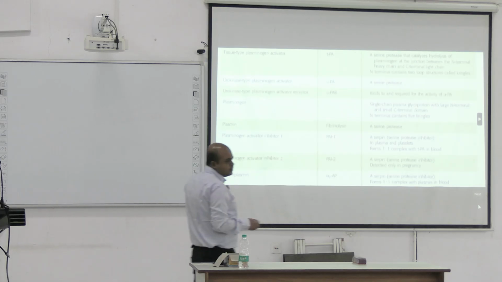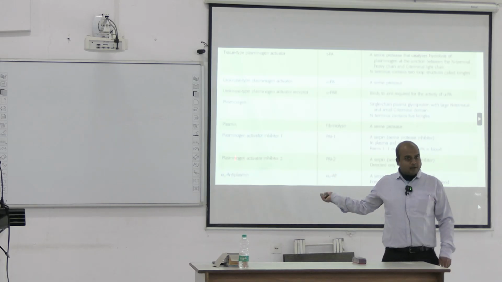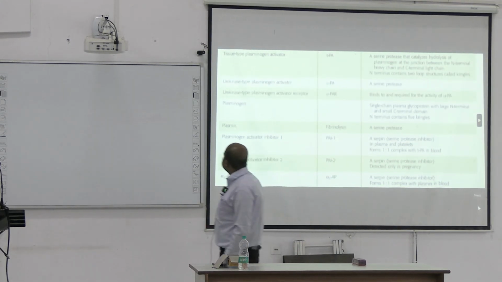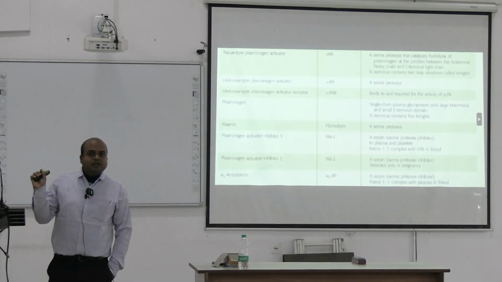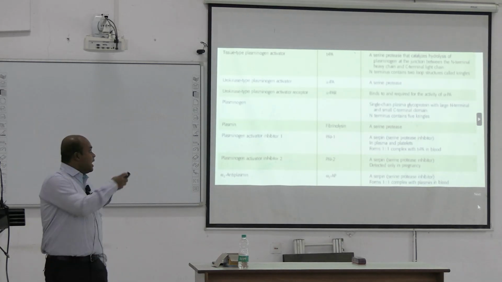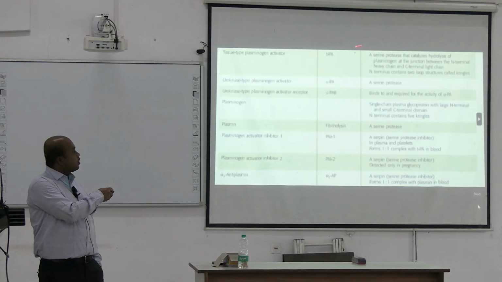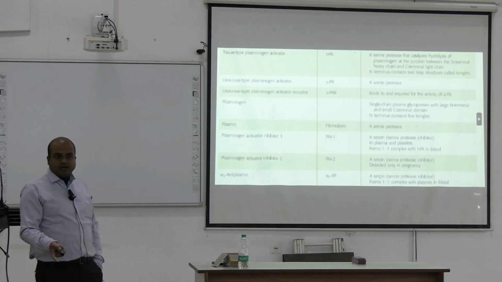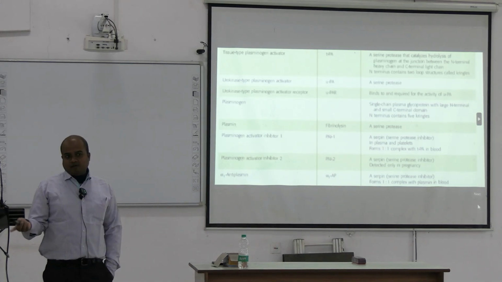So these last three are not anticoagulants actually: plasminogen activator inhibitor 1, plasminogen activator inhibitor 2, alpha 2 antiplasmin. If you can't remember so much, at least remember the names plasminogen and plasmin. Among the forms of plasminogen activator, mainly we talk about TPA, tissue type plasminogen activator. There is an inhibitor for it, and activated protein C inactivates even that inhibitor.